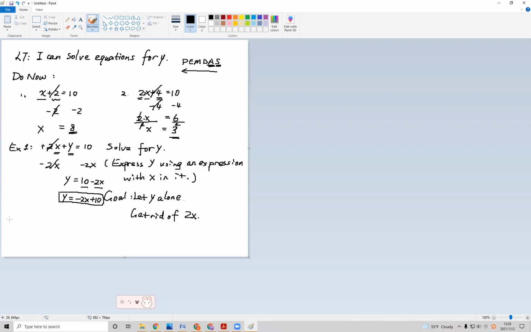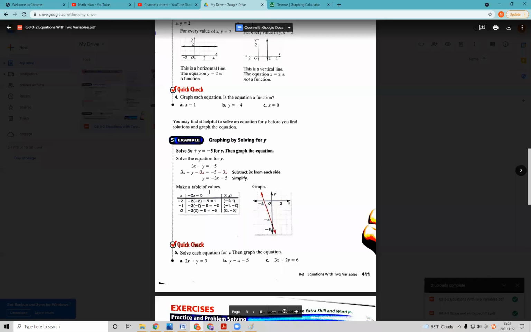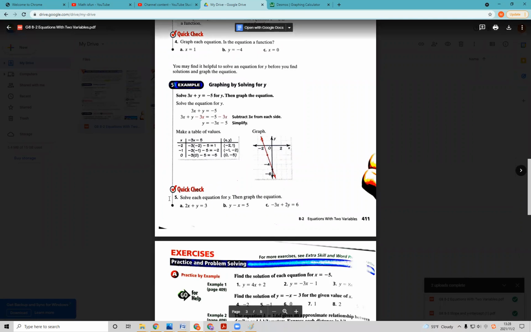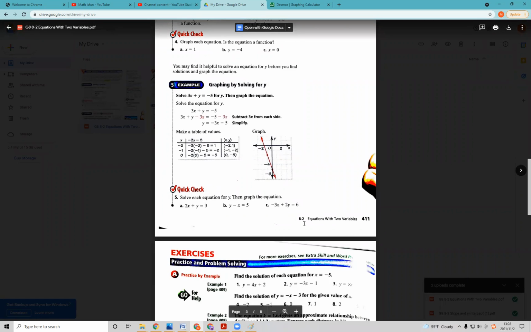So today, your practice question, I'm going to show you quickly. Your practice question will be right here. This is 8-2, equations with two variables. You may practice on page 411, number 5A, 5B, 5C. These three questions right here.